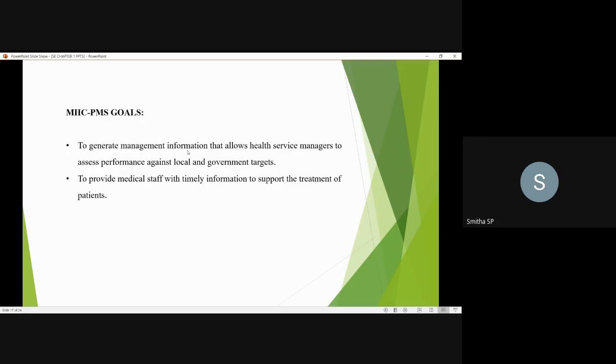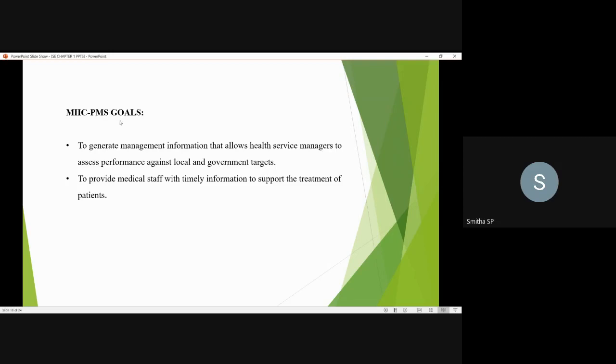Next, we shall see some of the MHC-PMS goals. The first goal is to generate management information that allows health service managers to assess the performance against local and government targets.